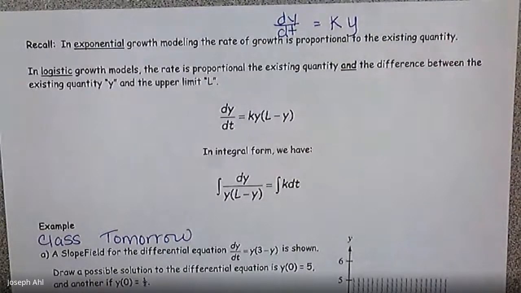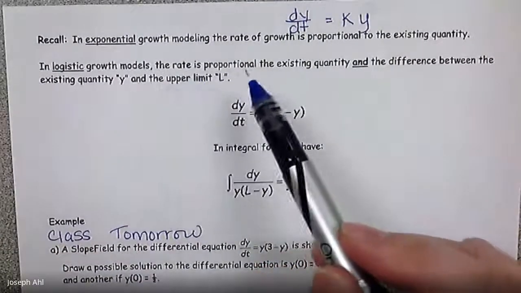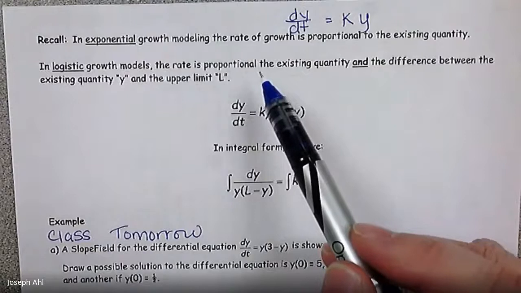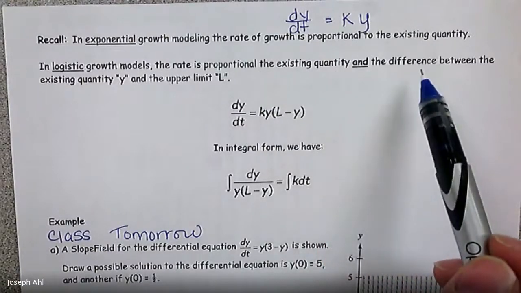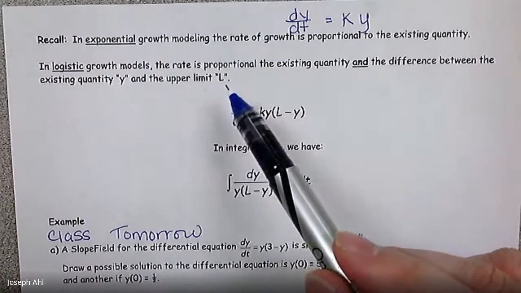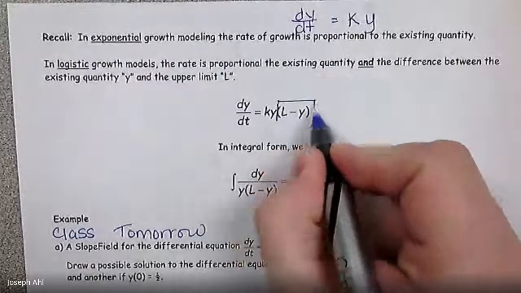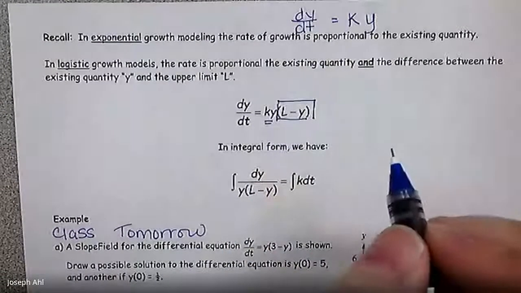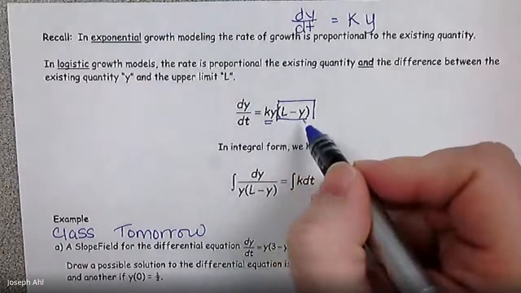Well, in logistic growth models, we have one new piece that we have to add on. It says in logistic growth models, the rate is proportional to the existing quantity and the difference between the existing quantity and the upper limit L. So you'll see it's proportional not only to y, the existing quantity, but also to the difference between the upper limit and the existing quantity.